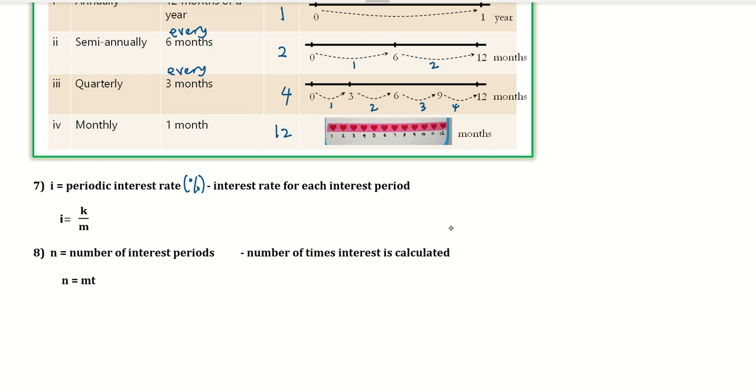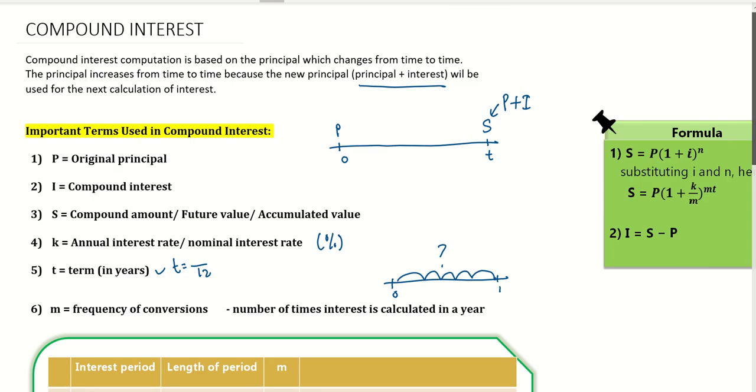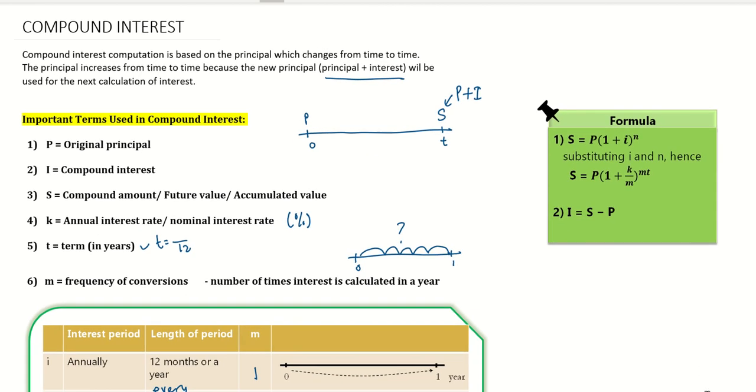Number 8, N. N is the number of interest periods, which is the number of times interest is calculated. The formula used here is N equals M times T: the frequency of conversion times the term of investment or loan. Now we look at the formulas used for compound interest.